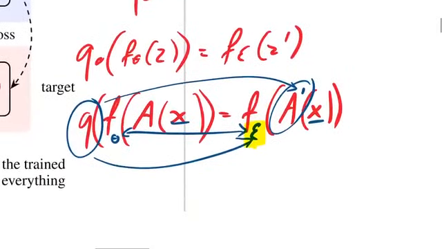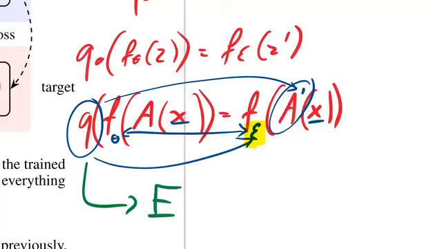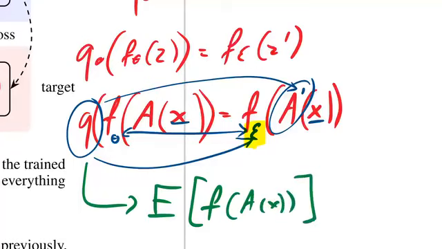So what the Q has to do is take its best guess, right? So basically the Q is trained to output the expected value of the representation F of A of X under all of the different possible image augmentations. And that's why it learns to ignore these augmentations.